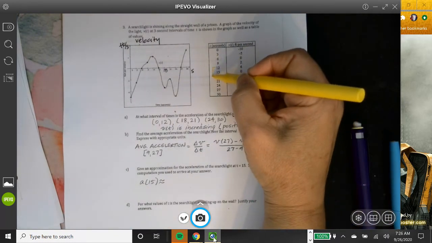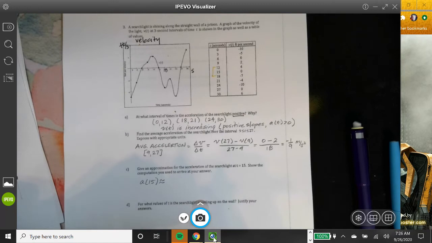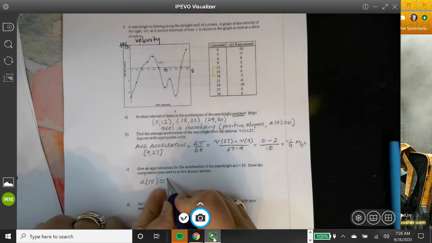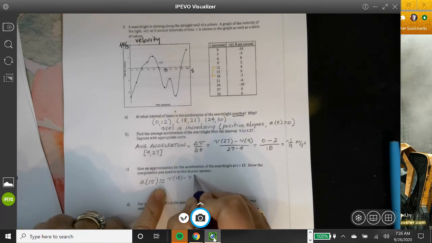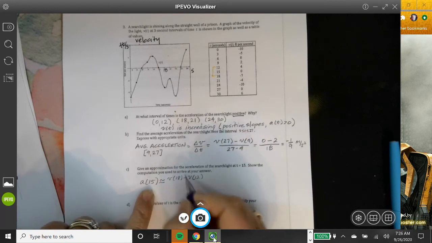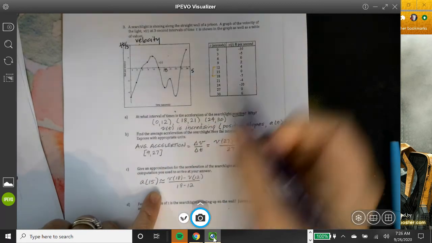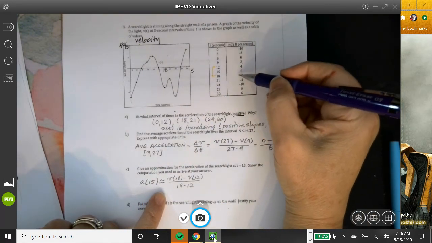Well, the points around 15 are 12 and 18. So I'm going to approximate the acceleration by using v of 18 minus v of 12, because that's around 15, over 18 minus 12.